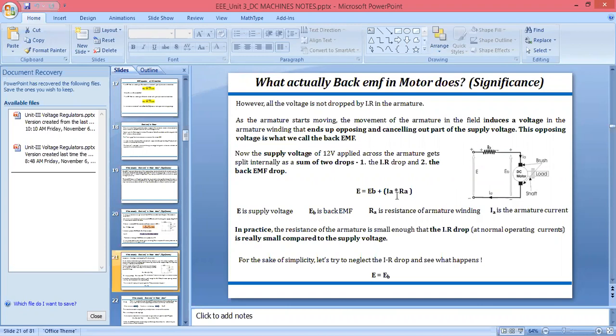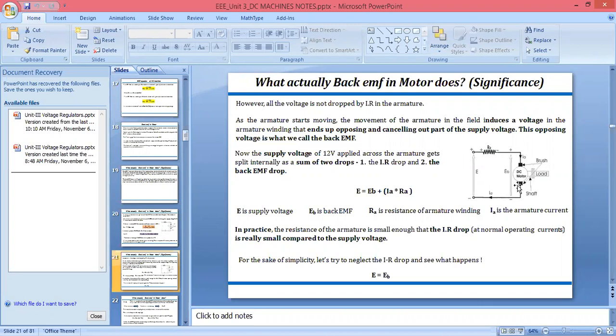We are calling it IA because that is the current flowing through the armature winding. Here V is the total supply voltage which we are giving to the DC motor. EB is the back EMF created in the DC motor. RA is the resistance of the armature winding and IA is the current flowing through the armature winding and the DC motor.